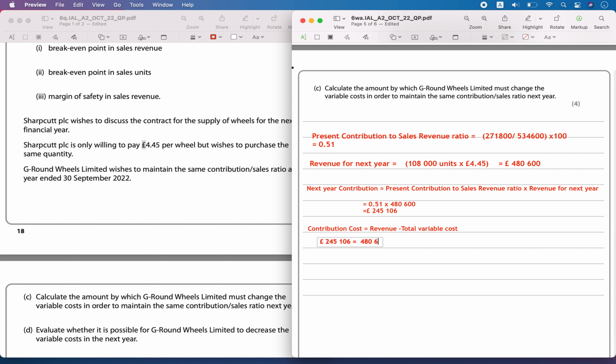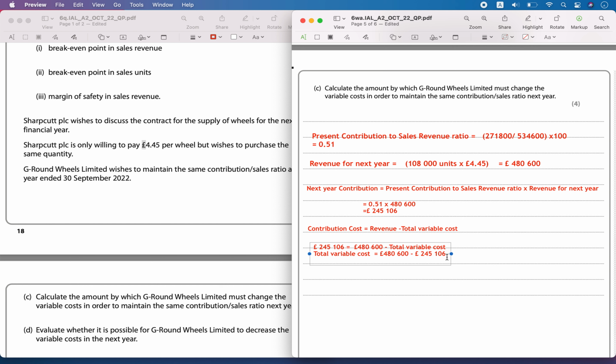So the total variable cost will be 480,600 minus the contribution that needs to be maintained, 245,106.